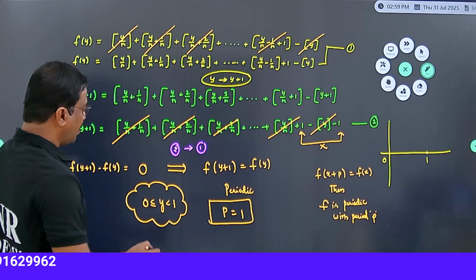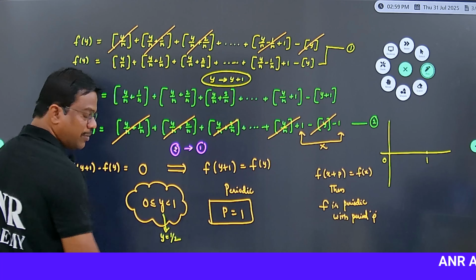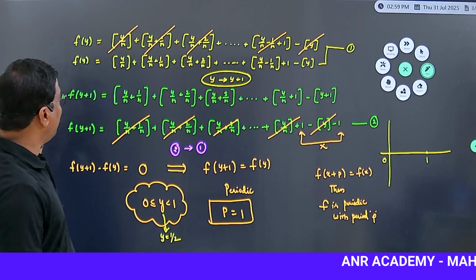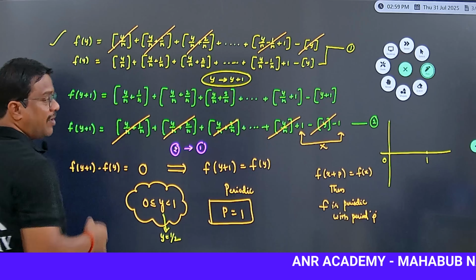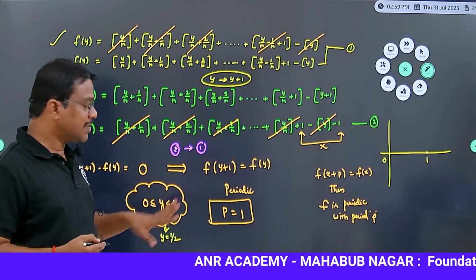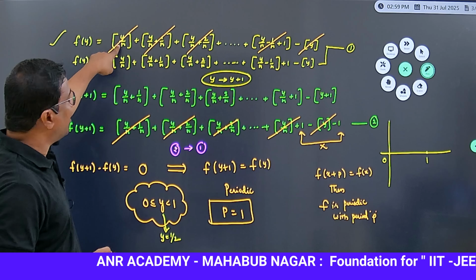Suppose in between 0 to 1, if I select input 1 by 2, then what is the value of f of y observed? The graph of f of y we are going to draw. In between 0 to 1, let us try first. If y equal to 1 by 2, what happens? It is 1 by 2n.